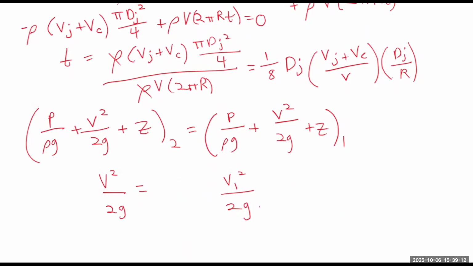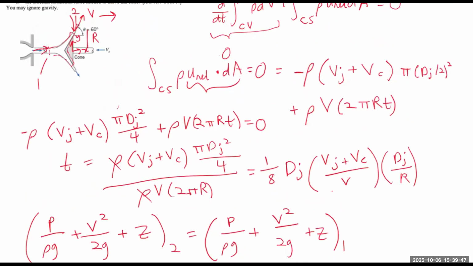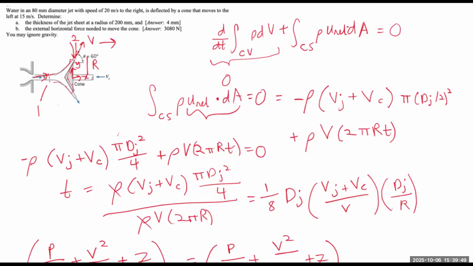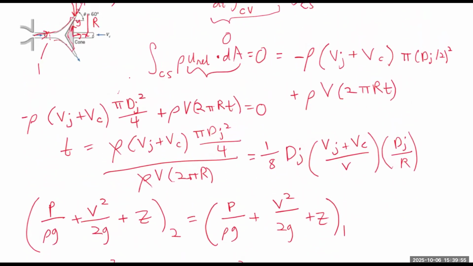So this means that V is equal to V1, and V1 is equal to Vj plus Vc relative to the coordinate system on the cone.